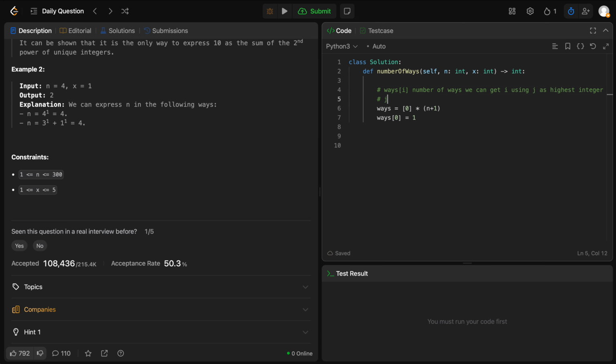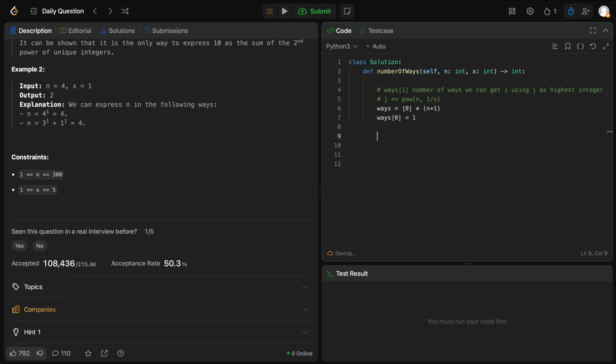And it's important that j is less than or equal to n to the 1 divided by x, so the x-th root.